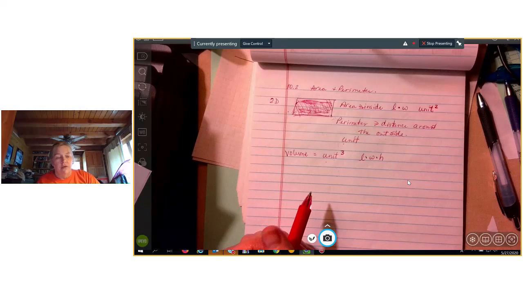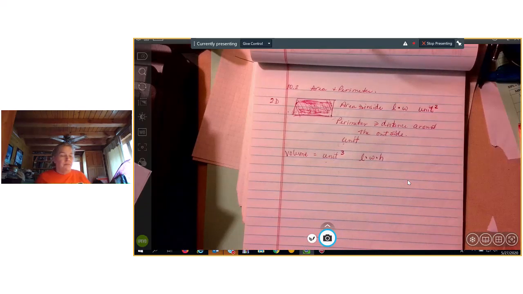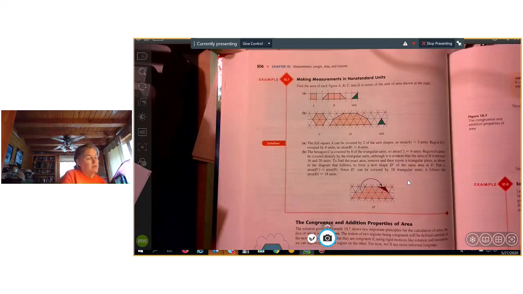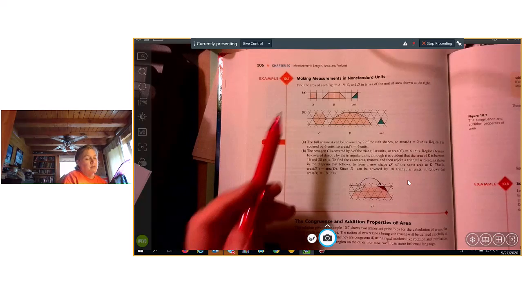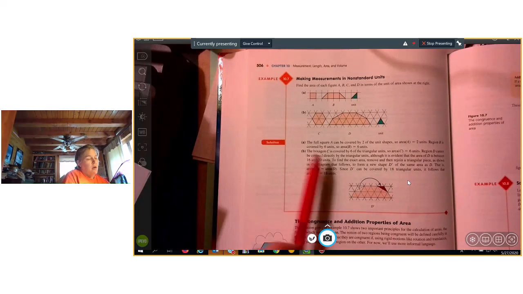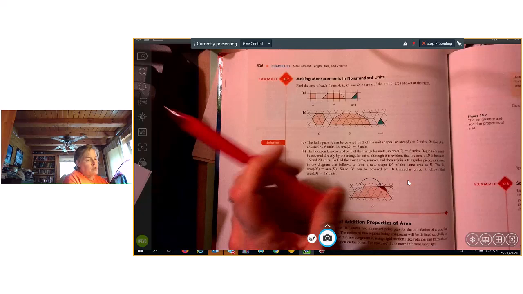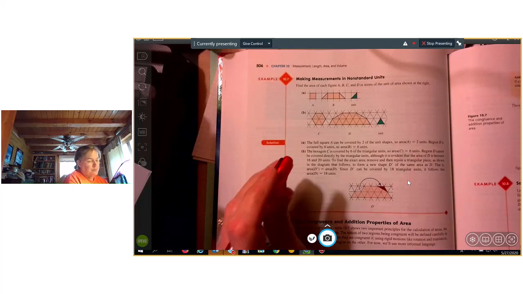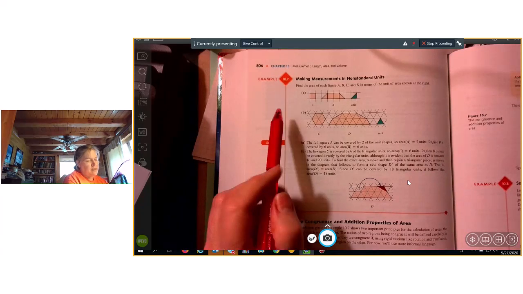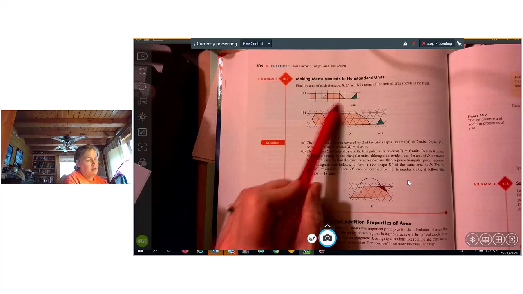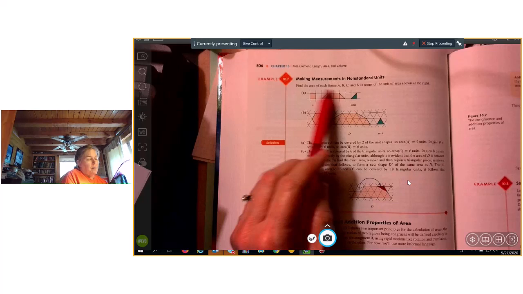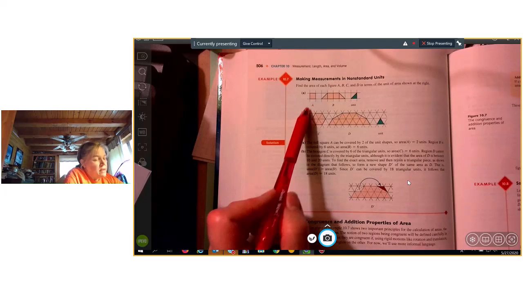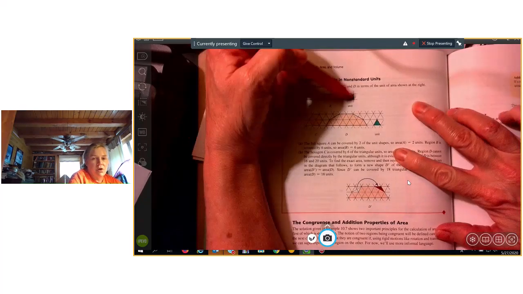Now, I'm going to show you this, so I don't have to draw this out. But in your book, this is on page 506, as you can see. And these are called Making Measurements in Non-Standard Units. And what they want you to do is find the area of these different diagrams, A, B, C, and D. Their unit here is this half of a triangle.